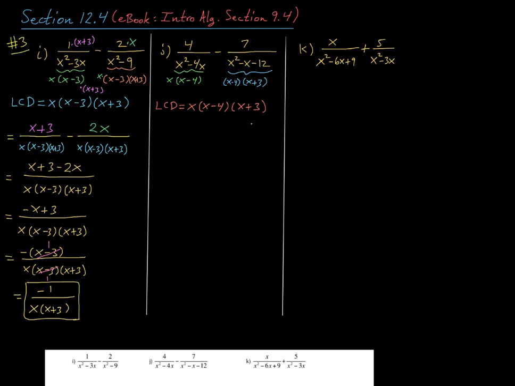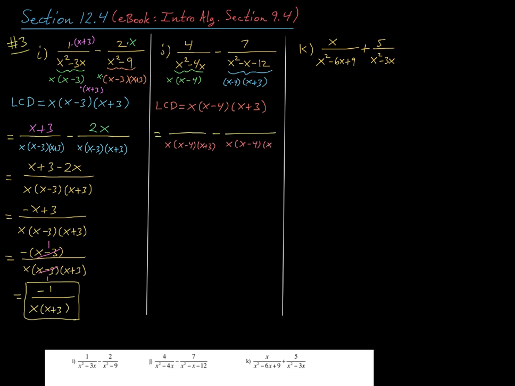Okay, so then we go ahead and just write each fraction so it has this common denominator. And then we just got to convert each one of these fractions into these new fractions with the LCD for its denominator.